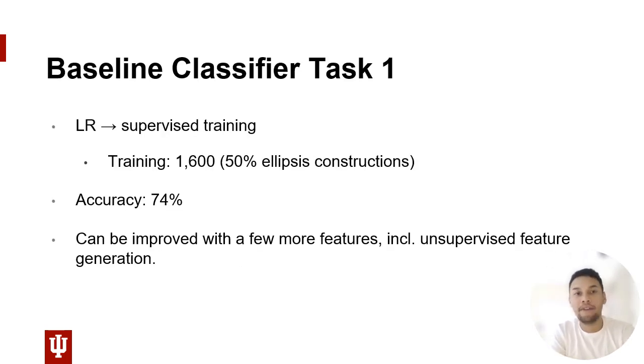So to look at the details of the English experiment, the logistic regression is a supervised training method, and the training included 1,600 sentences, and 50% of them were ellipsis constructions. And for task 1, we had an accuracy of about 74%. And this can be improved with a few more features, including unsupervised feature generation.